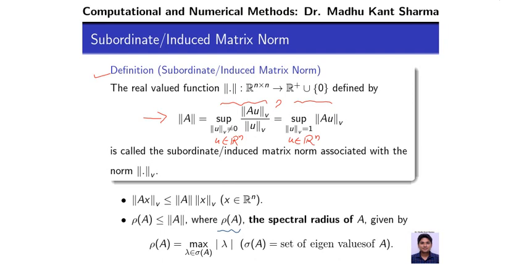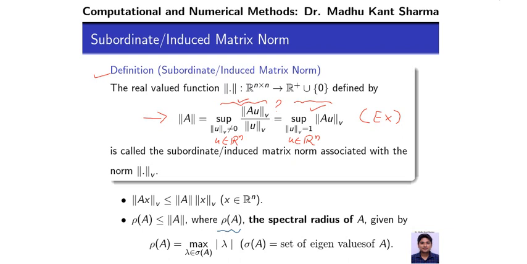This equal sign is correct; they both are equal. Whether you are talking about this supremum, or the left-hand side or right-hand side, both will be the same. So please complete it.